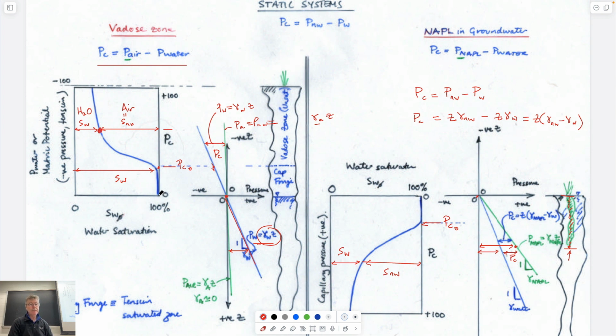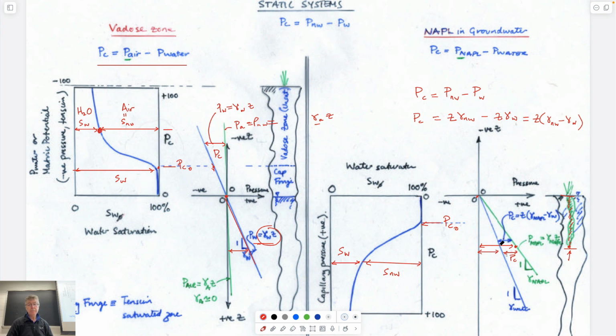It allows us to be able, if we have this property curve, it's a function of the porous medium and the fluids that are saturating it. If we know exactly what these curves are, then we can say something about the distribution with depth in the vadose zone for these air-water systems, and below the water table for these water NAPL systems. And the saturations have to conform to the depth distribution according to the capillary pressure magnitudes.